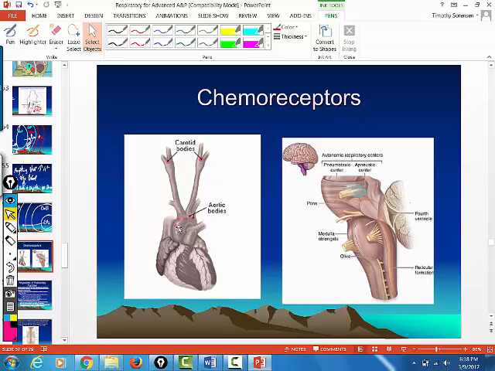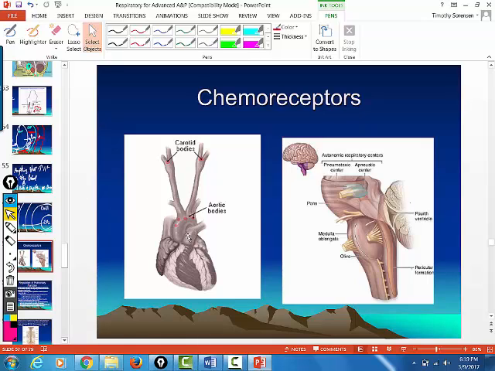But these peripheral chemoreceptors are going to detect a drop in PO2. That's going to feed back on the medulla and cause me to breathe faster and deeper. So what will I produce as a result of a drop in PO2? What will you be getting rid of more?